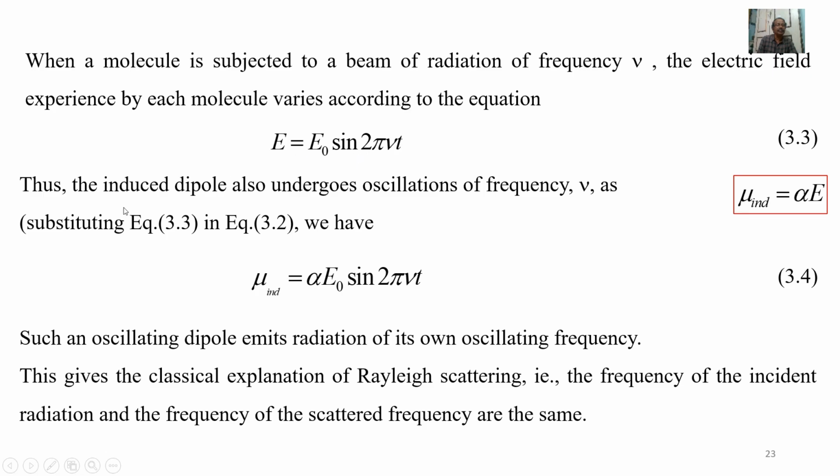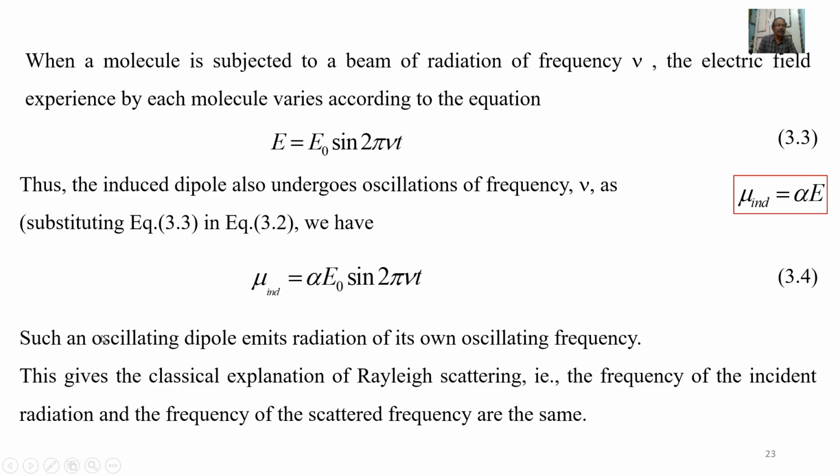Thus, the induced dipole also undergoes oscillations of frequency nu. Substituting equation 3.3 in equation 3.2, we have mu induced equals alpha E, so instead of E, substitute E naught sine 2 pi nu t. We have this equation 3.4.